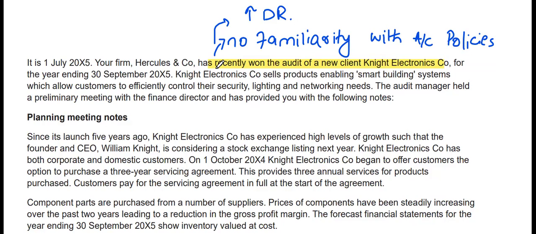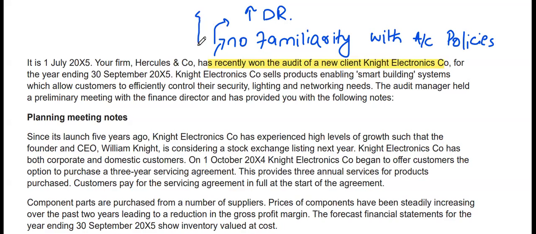Yes, you have to make sure that a suitably experienced audit team is assigned to the client. Adequate time should be allocated to perform the work, to obtain an understanding of Knight Electronics Company. And as there is less assurance over opening balances, we should perform increased audit procedures on opening balances.